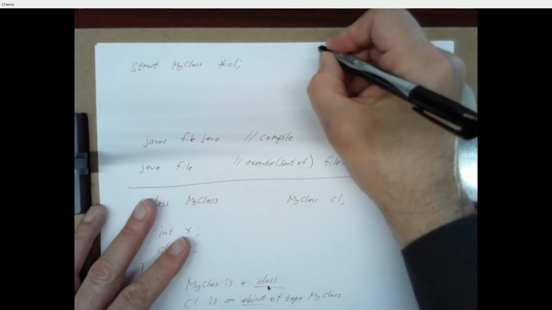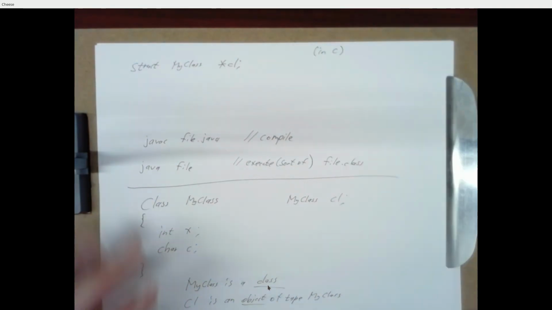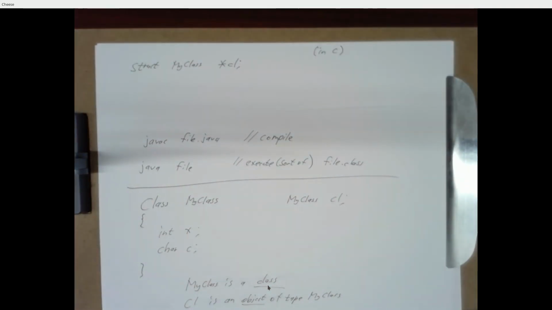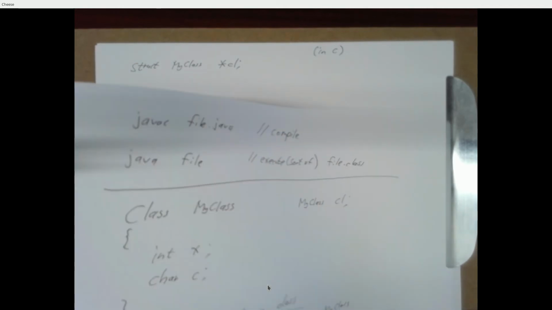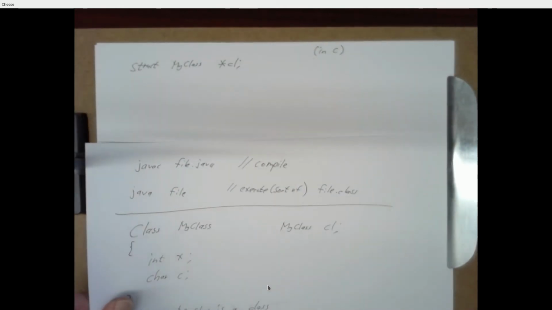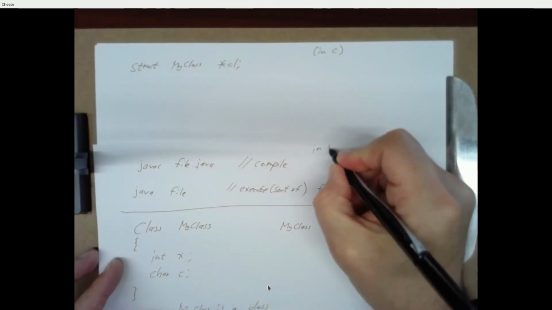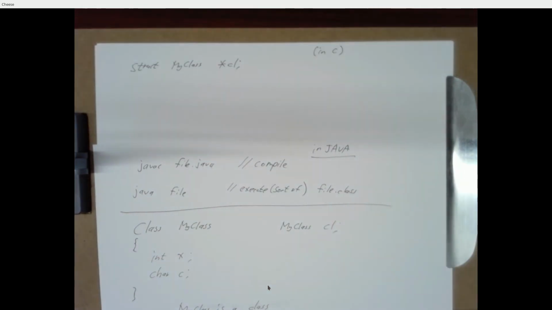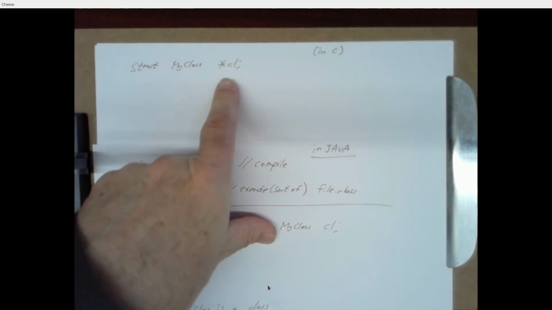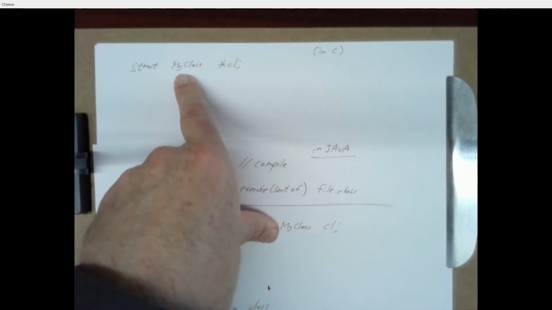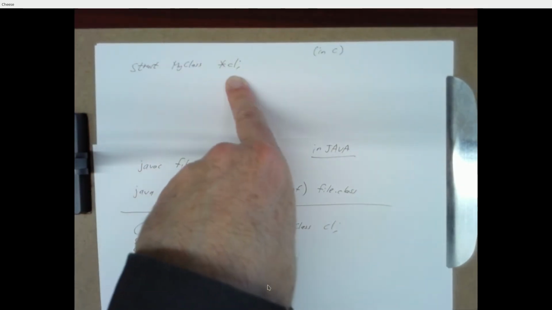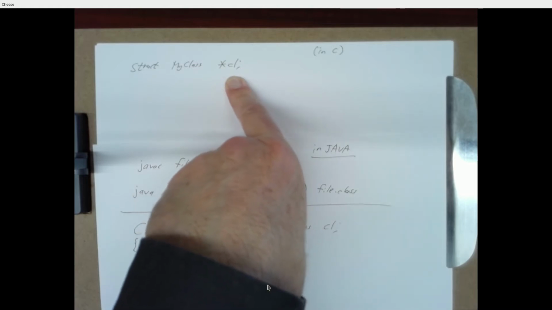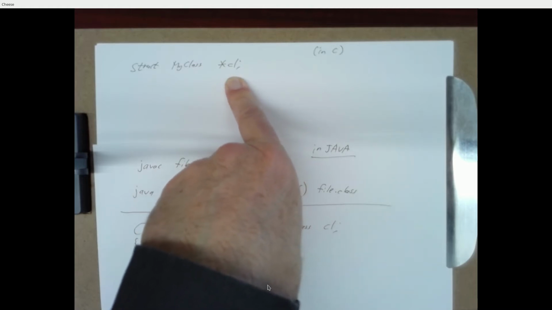So this is in C. And this is in Java. And you remember in C that if we declare this thing to be a pointer to a struct my class, we can't start using CL right away. If we do, we get a seg fault, right?